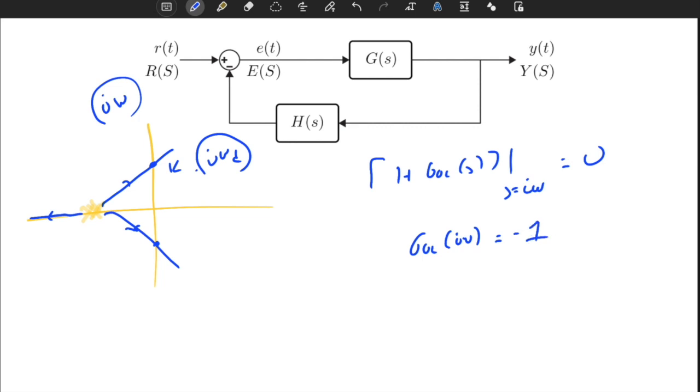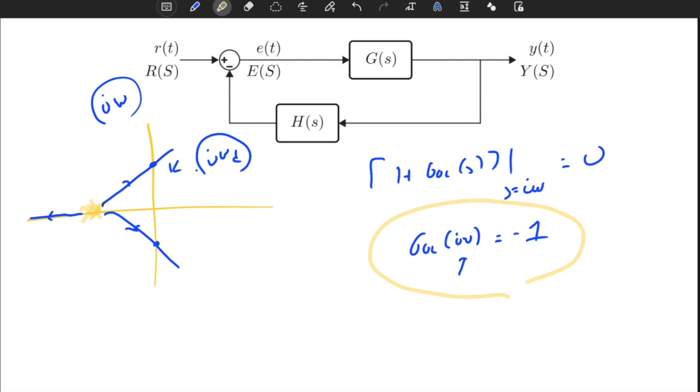So if the system breaks the stability, whether from stable to unstable or unstable to stable, I know that there exists a solution omega such that G(j omega) is equal to -1. So in the frequency domain analysis technique, since we are drawing G(j omega) in terms of magnitude and phase, the goal is to avoid -1 as much as possible, from both a phase and magnitude perspective.